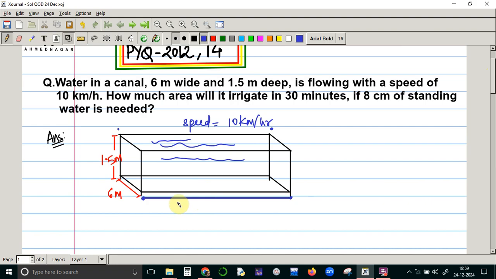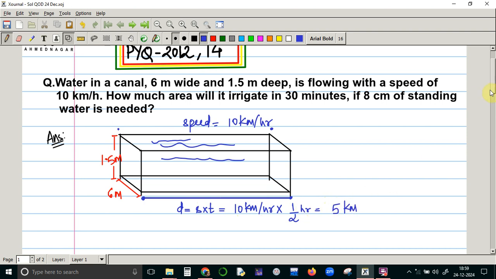We know that distance d is equal to speed into time. Speed is 10 kilometers per hour into time. Time is 30 minutes, we have to convert it into hours, so half an hour. So this will give me 5 kilometers.